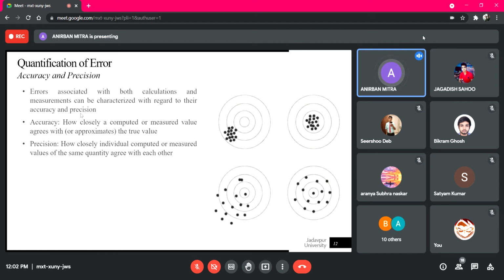To explain this further, let us look at this figure. This is a bullseye along with certain shots at the target. If you have seen the recently concluded Olympics or Paralympic Games, you would have seen the competition of archery or even the competition of shooting, and you would have seen that such targets are present there. So what is the objective? The objective is to hit the bullseye, that means the center of these concentric circles.